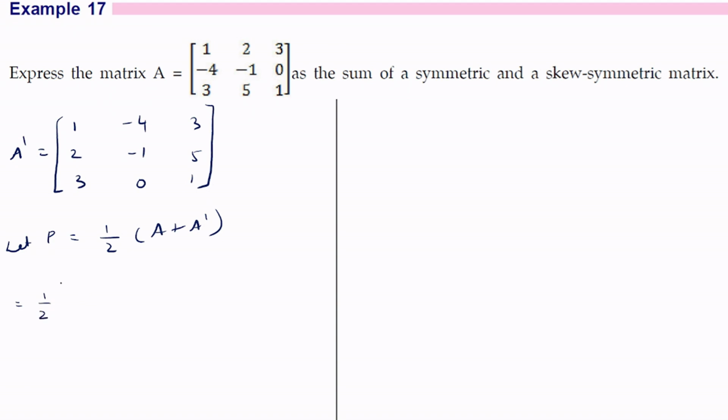So it is half of A, which is 1, 2, 3, minus 4, minus 1, 0, 3, 5, 1, plus, this half is outside, A transpose, which is 1, minus 4, 3, 2, minus 1, 5, 3, 0, 1.